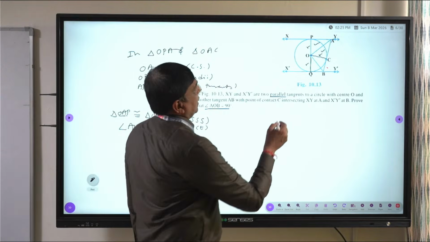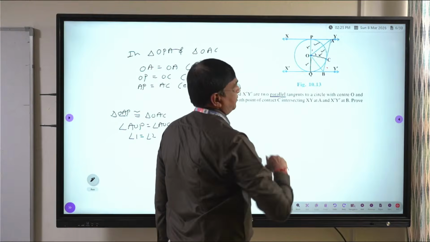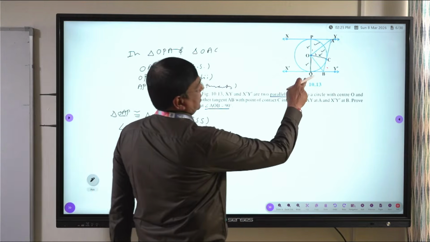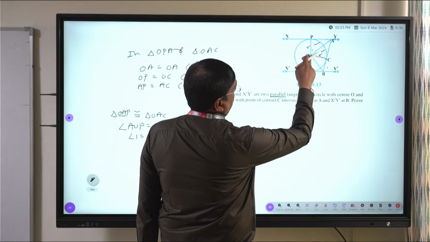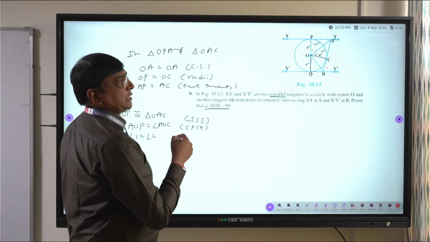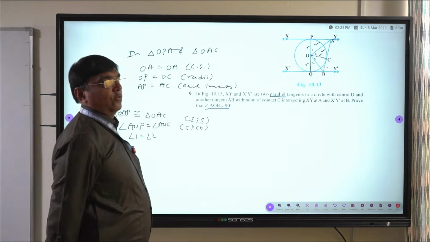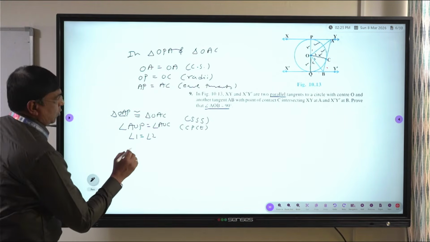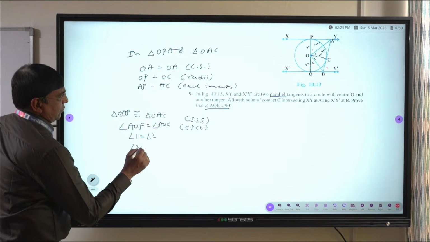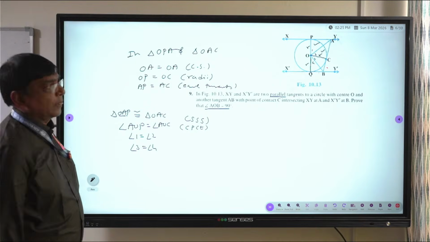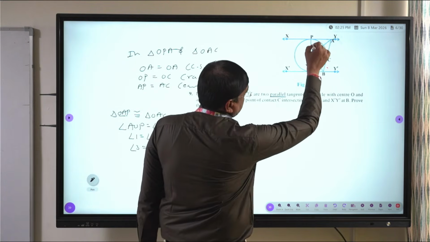Let me number them 1 and 2. So here in diagram we can say it is 1 and 2. Similarly, in lower two triangles, that is triangle QOB and BOC, we can similarly prove angle 3 equals angle 4. Now PQ is a straight line.